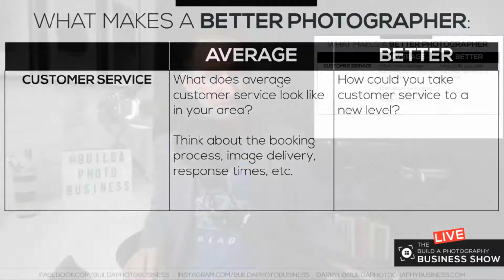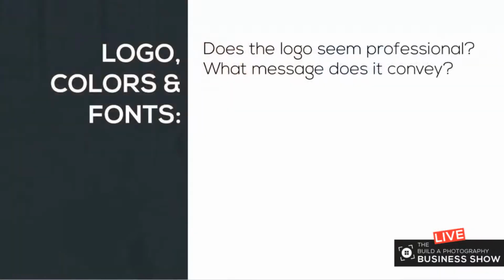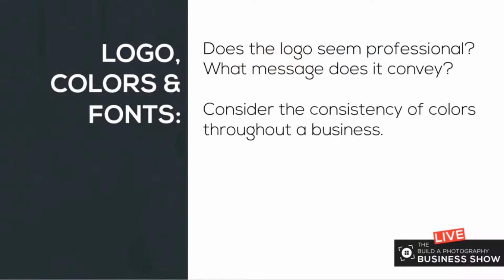So next on our list is your logo and the colors and the fonts you use in your material. So we want to think about the quality of the logo you're using. Does it seem professional? And what message does that logo convey? We also want to think about colors, and in particular, we're thinking about the consistency of those colors right across a business.